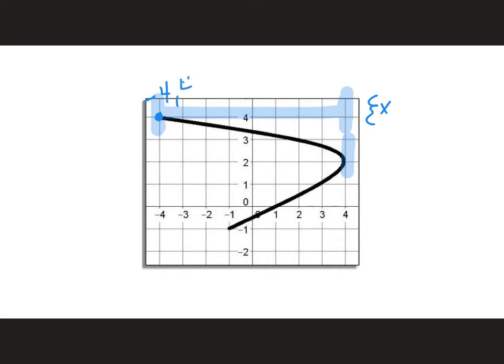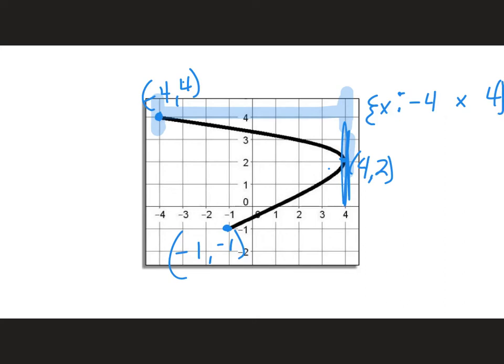So this is the coordinate -4, 4. And down here, this is -1, -1. It's not relevant to us. And then, of course, this point here will give us 4, 2. So our x, the least value that we're starting with is this one here, furthest left, so -4, all the way up to +4. And in between, it does include, so we're going to use the equal sign with those inequalities. So that is our domain.